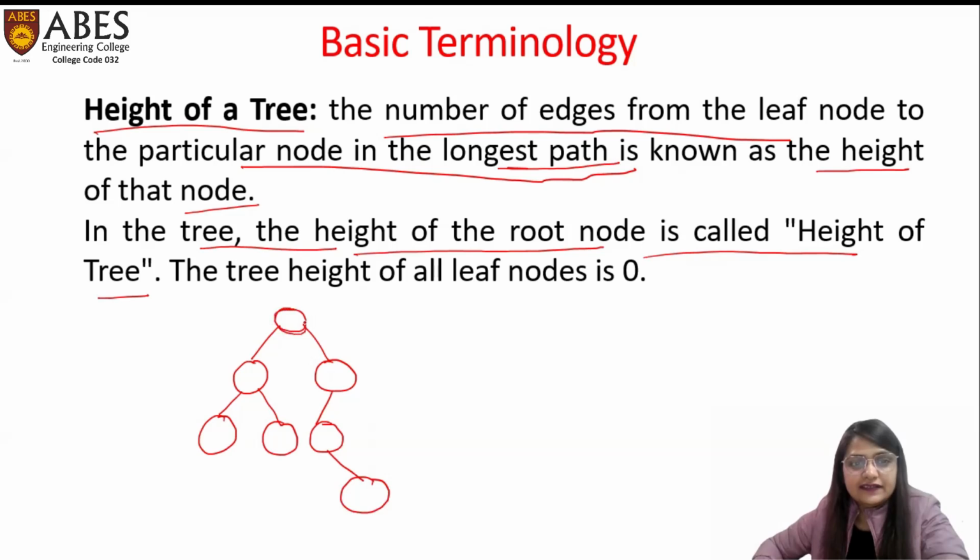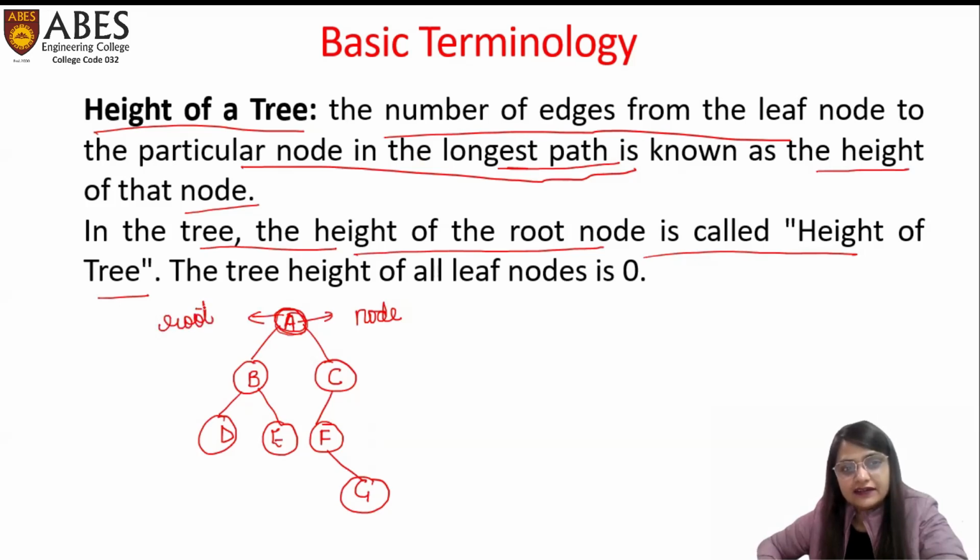Let us consider this circle. Let us assign some value inside these circles. Then this circle where we are storing this information part, which is A, is known as the node. This is also representing the root node here as it has no parent.